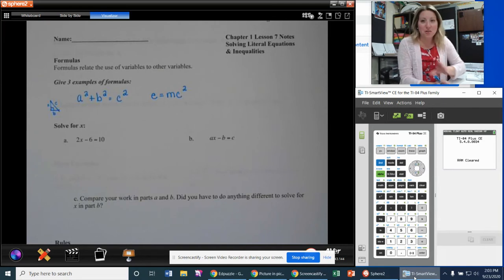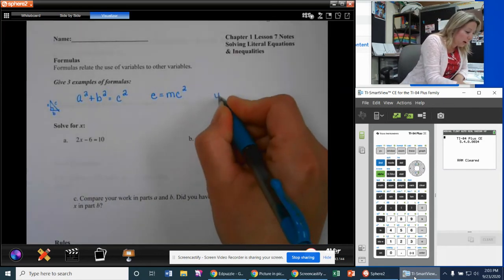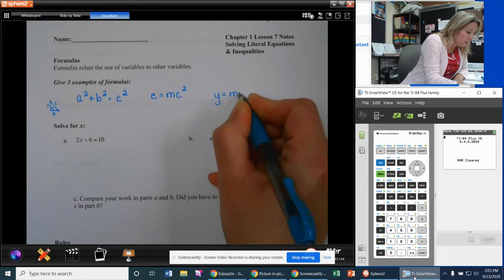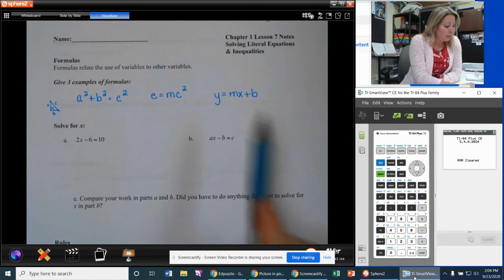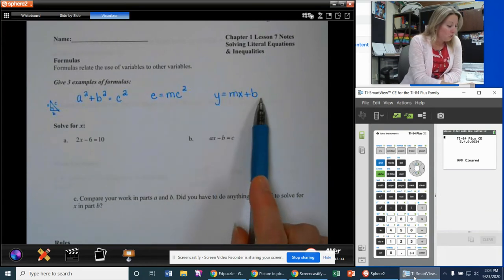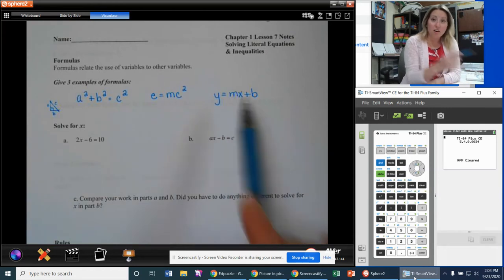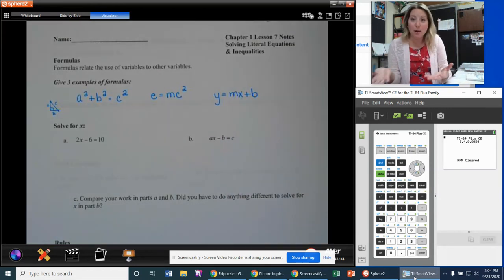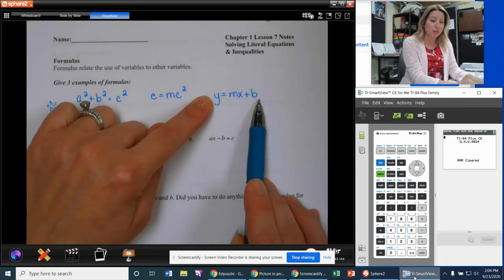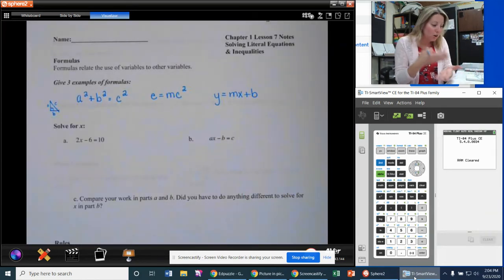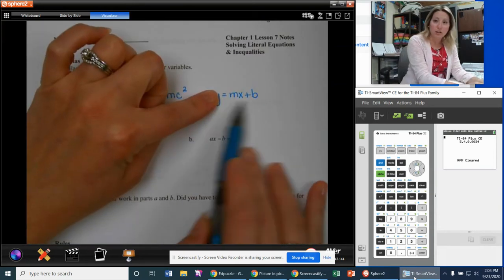And the other one that everyone always wants to throw out there, and it's true, this is a formula that we look at, is y equals mx plus b. And this would be the slope-intercept formula. So this is the equation of a line with a slope and a y-intercept involved. And the x and the y are each of the points that make up this line with this slope and this y-intercept. And so again, each one of those 4 variables has a meaning, and this is the relationship between them.